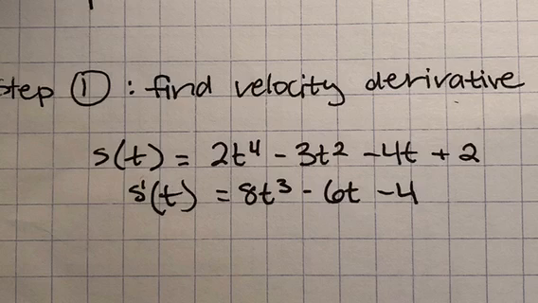Bring the 2 down to the 3t squared, negative 6t. And then you have negative 4t, so the t being raised to 1, times negative 4, making that negative 4. The 2 is a constant, so the derivative of a constant is 0, which is why it disappears.